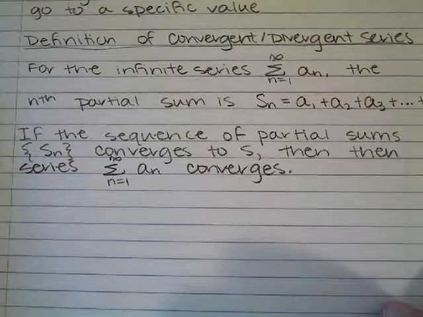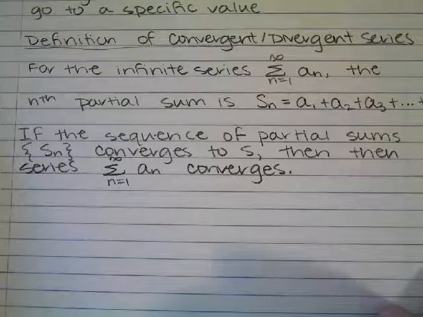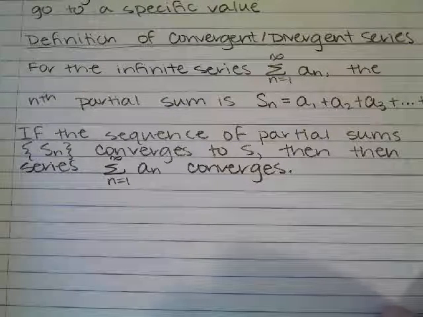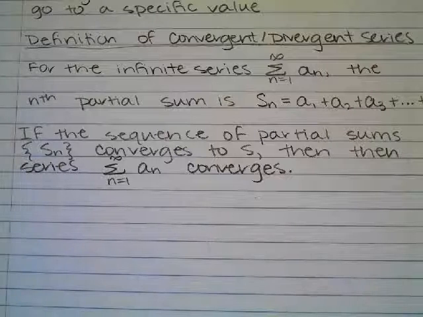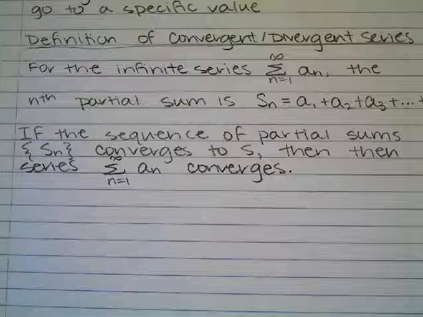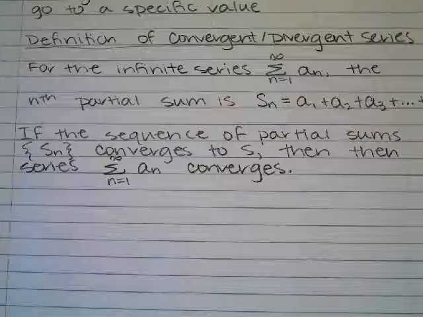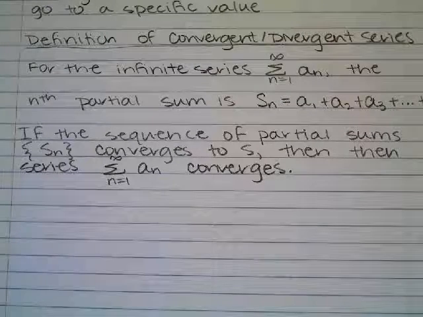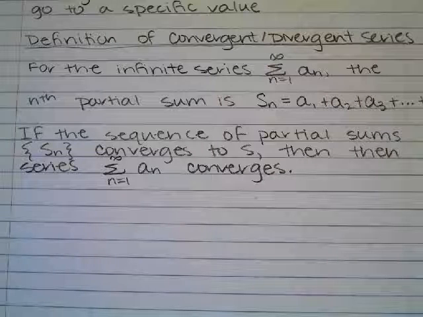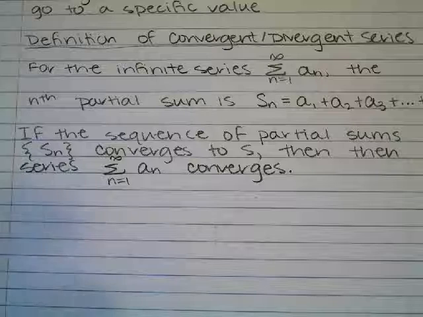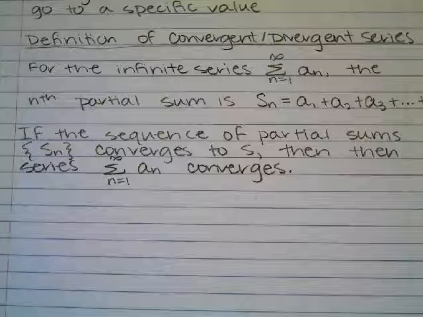So a sequence of partial sums is kind of a weird idea. I take the first term and write that down. That's the first partial sum. Then the second partial sum is the first term and the second term added together. Then the third partial sum is the first, second, and third terms. Then the fourth, fifth, and sixth partial sums, each time adding one more term, and I write each down next.